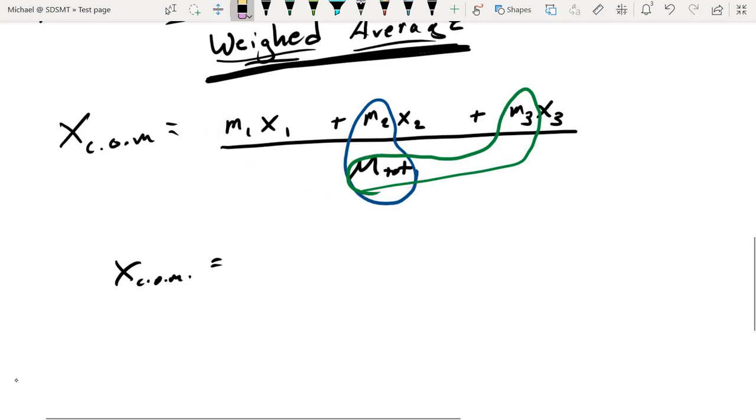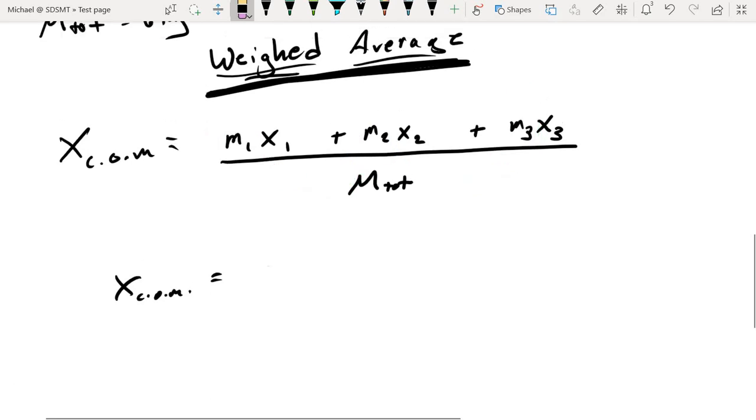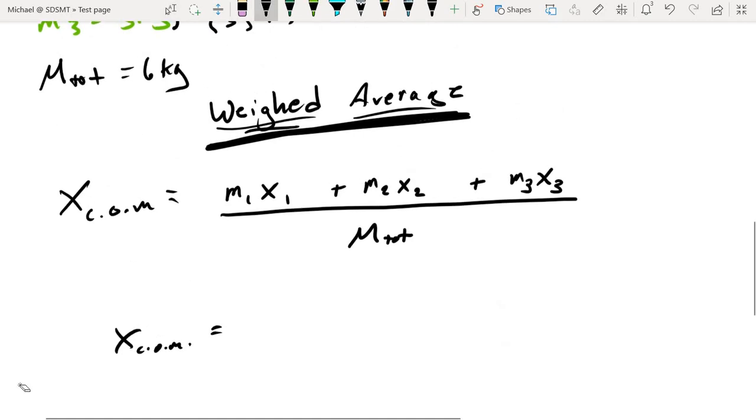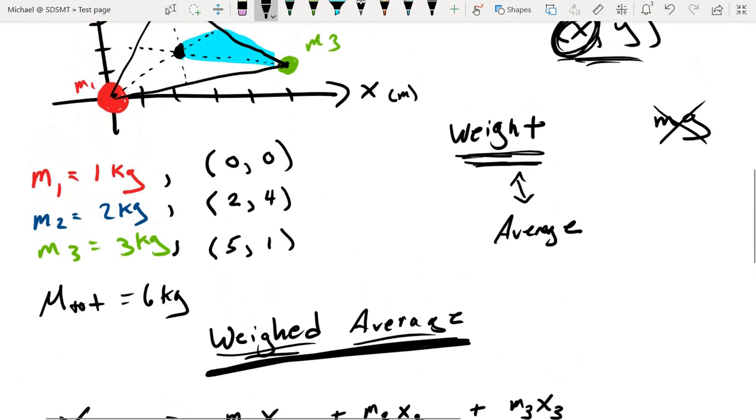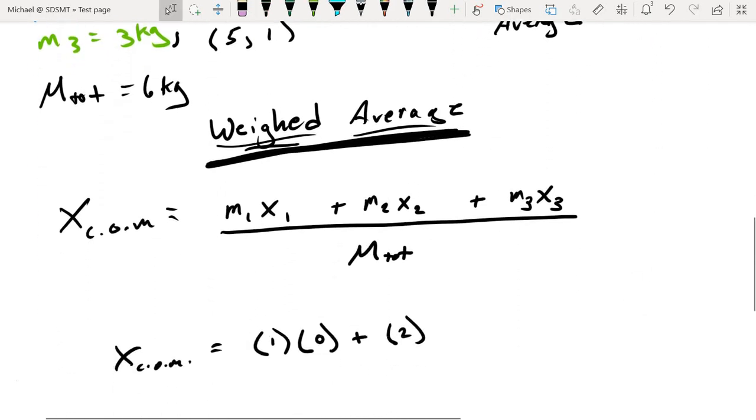Instead, we have mass 1 times x1. So let's put the values for everything in here. Mass 1 is 1 kilogram. x1 was 0 because it was at the origin. Mass 2 is 2. x2 is also 2.